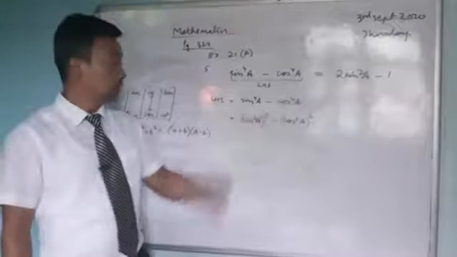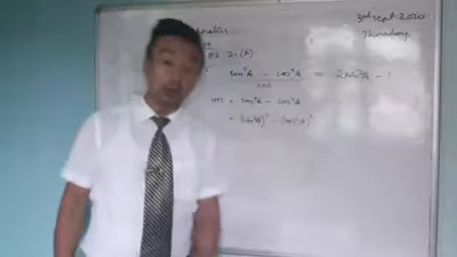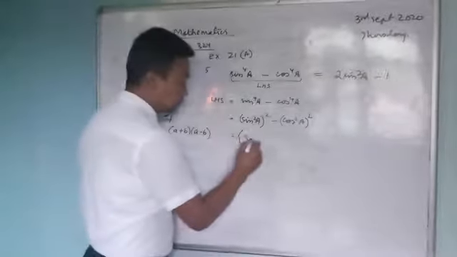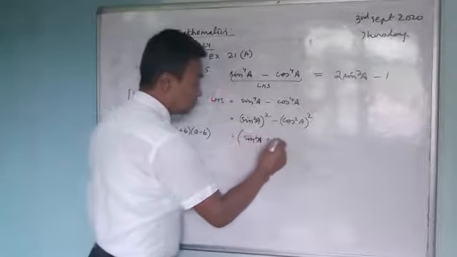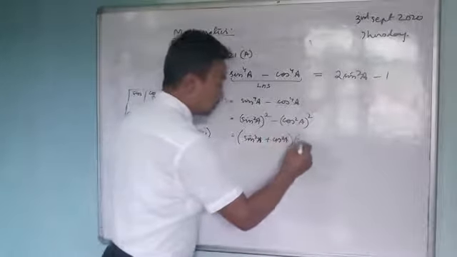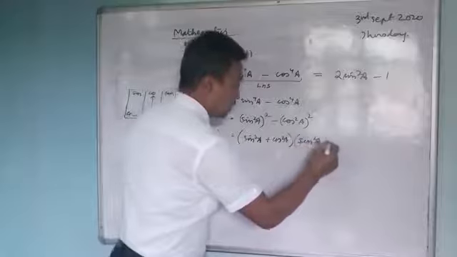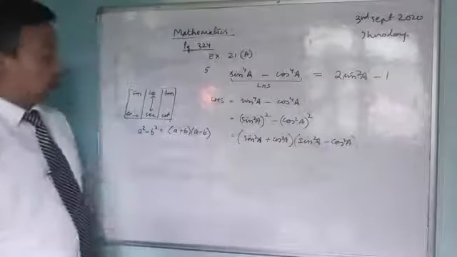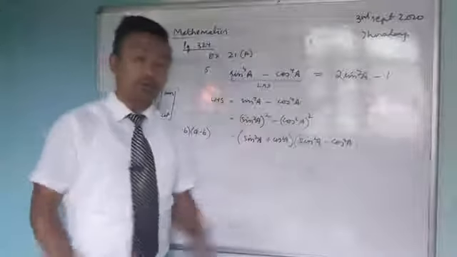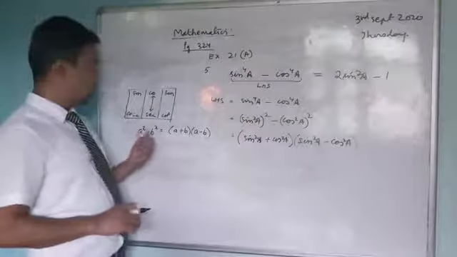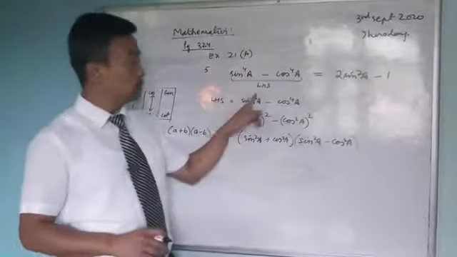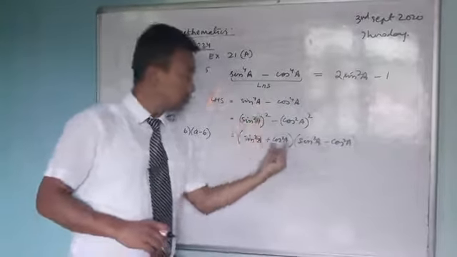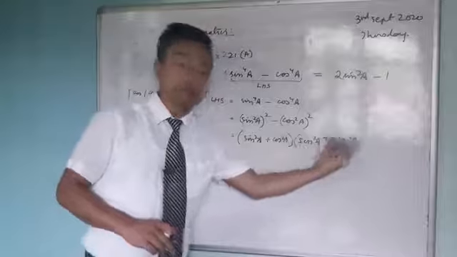What is a here? Sine square A. What is b here? Cos square A. So simply use this formula: a plus b, a minus b. So we have applied here the algebraic formula a square minus b square. We have changed this 4 into square. This inside is your a plus b, a minus b.